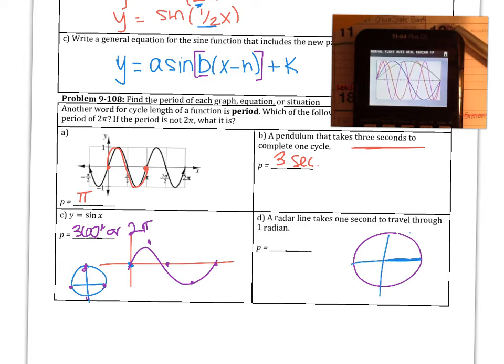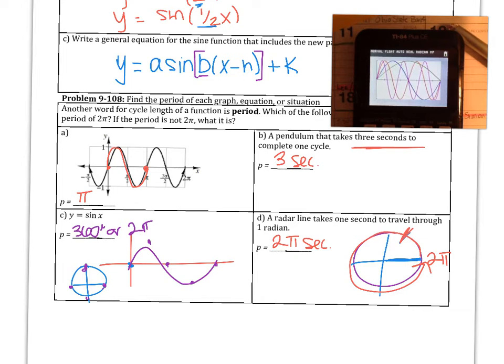So we know 1 radian is about there. That repeat for the radar screen doesn't take place until it gets all the way back around. So if it takes 1 second for 1 radian, we know that there are 2 pi radians around that whole circle, which means that period is 2 pi radians as well, or 2 pi seconds.